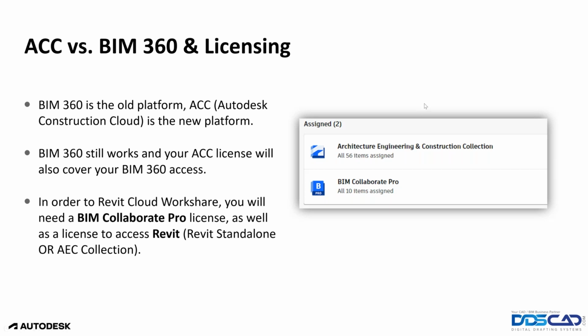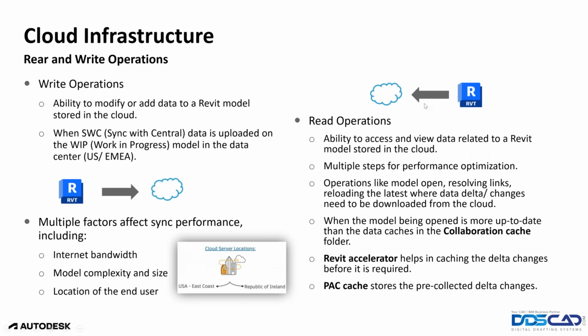So just to get some of the architecture and logistical understanding out of the way, and again, this assumes a little bit of prior knowledge of the Construction Cloud and what that looks like. We're going to go over varying levels of detail, but to explain the cloud infrastructure and how it works, there are a couple of different operations that will occur as we're doing this Revit Cloud Worksharing.